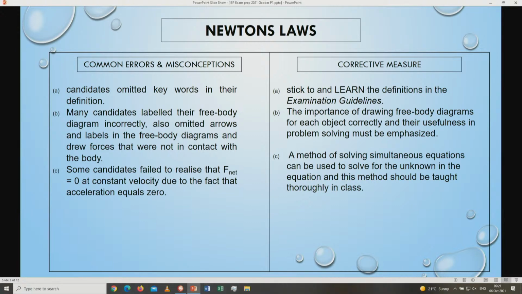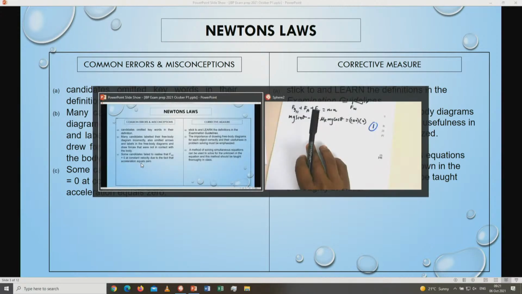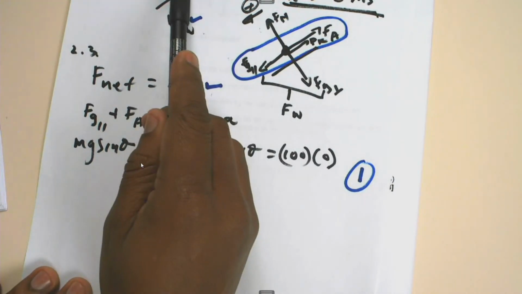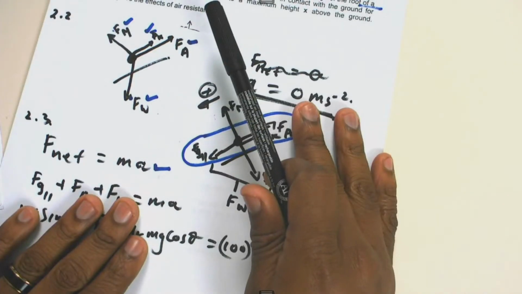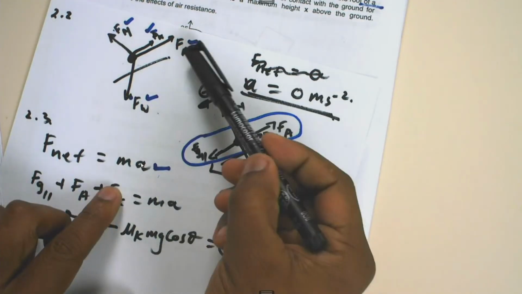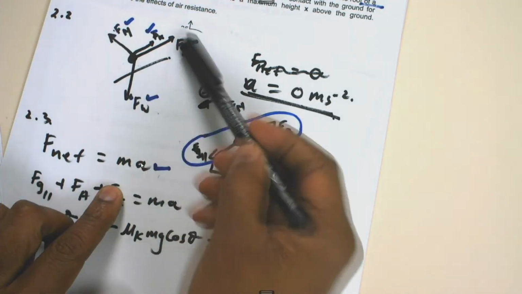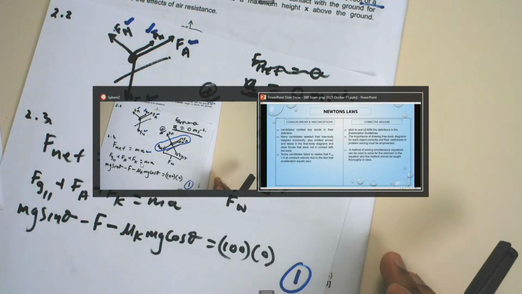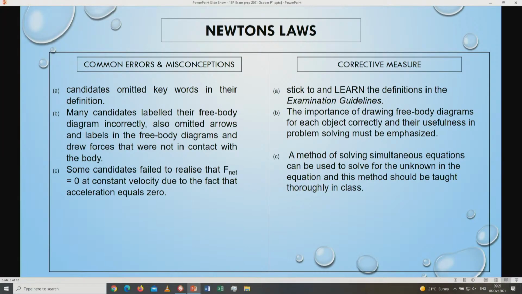That is why it is always important to check whether your vectors are touching the body, have the correct labeling, and have the arrow. If you do not have that, we cannot award marks for it.